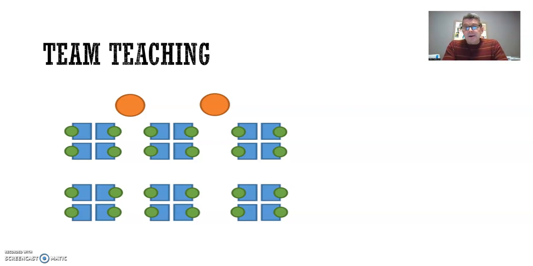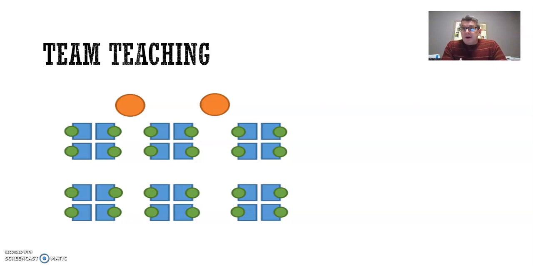Team teaching is basically exactly how it looks here. Both teachers kind of at the front of the room or circulating in the room. Both are delivering the content for the lesson. So, the thing about team teaching is you do have to be a little bit more orchestrated to know who's going to do what, particularly when you're both in front of the classroom leading that lesson, knowing what role each of you is going to play.